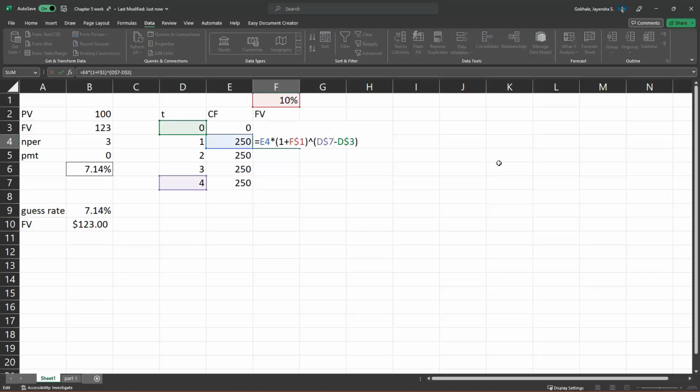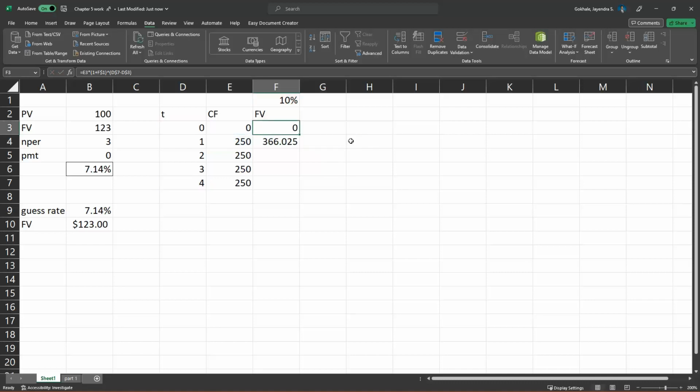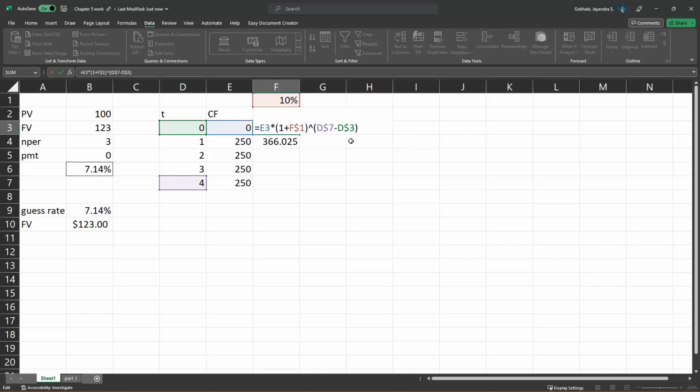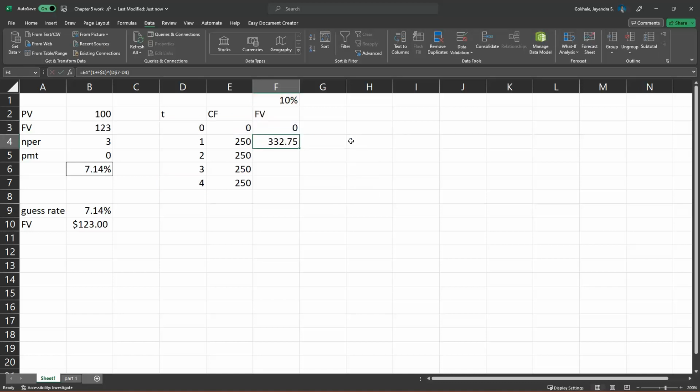So look, E4 is the cash flow times 1 plus the rate, the red color is associated with the red box. So 1 plus rate to the power, it's going to grow by 3 years. So we have to go back up and make it D3. So this is D3, and this becomes D4.